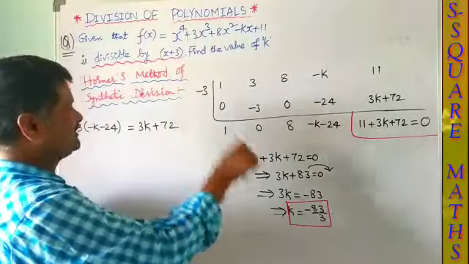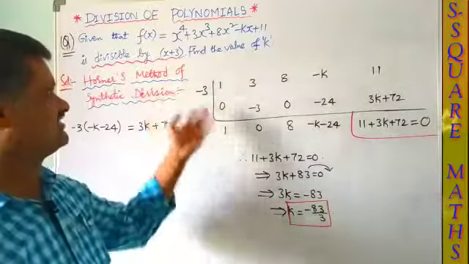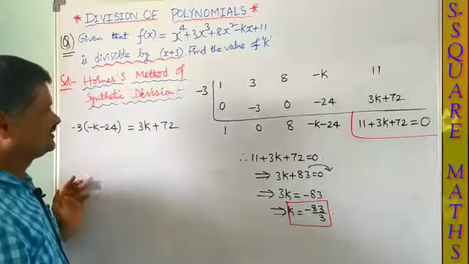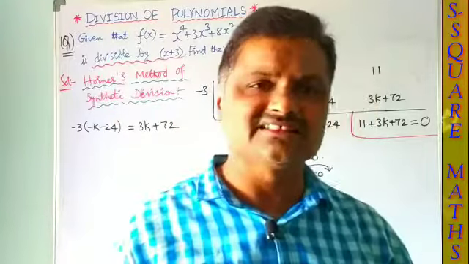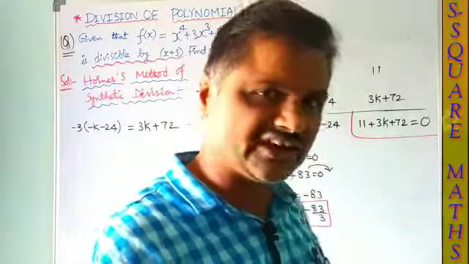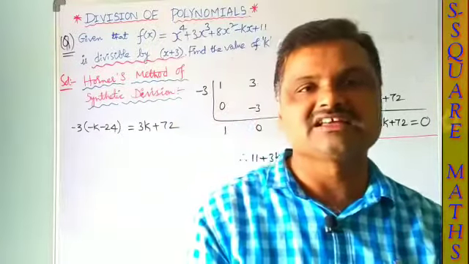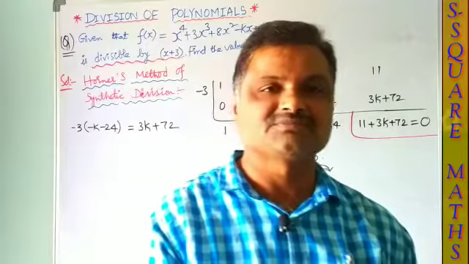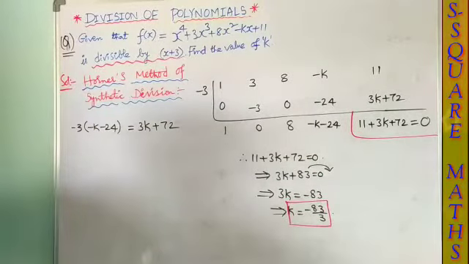So this is the method to find out the unknown variable k when f of x is divisible by x plus 3. This is a very important method and it has many applications. It is the simplest method to find the value of the variable k when compared with our previous long division method. So you can have a copy of this problem.